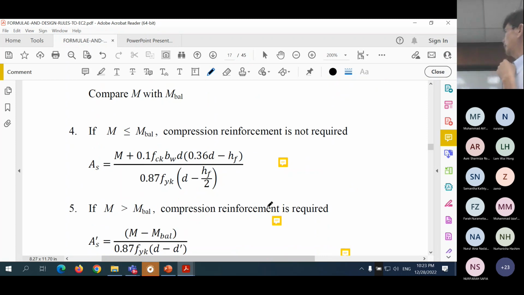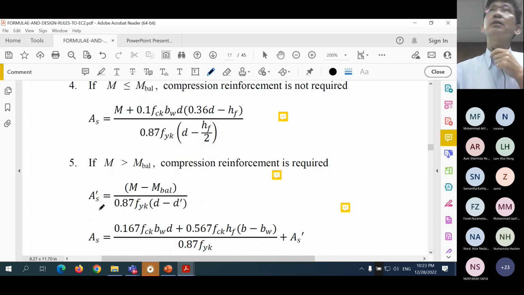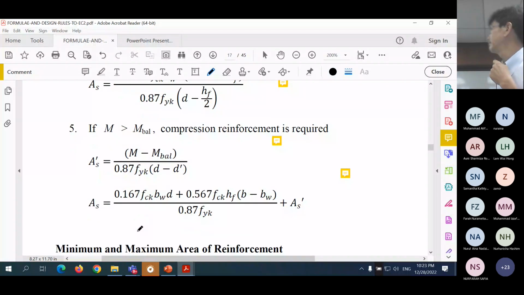If M is greater than M balance, then compression reinforcement is required. Then you calculate compression reinforcement first using these equations. Then you calculate the tension reinforcement using this equation. Okay.